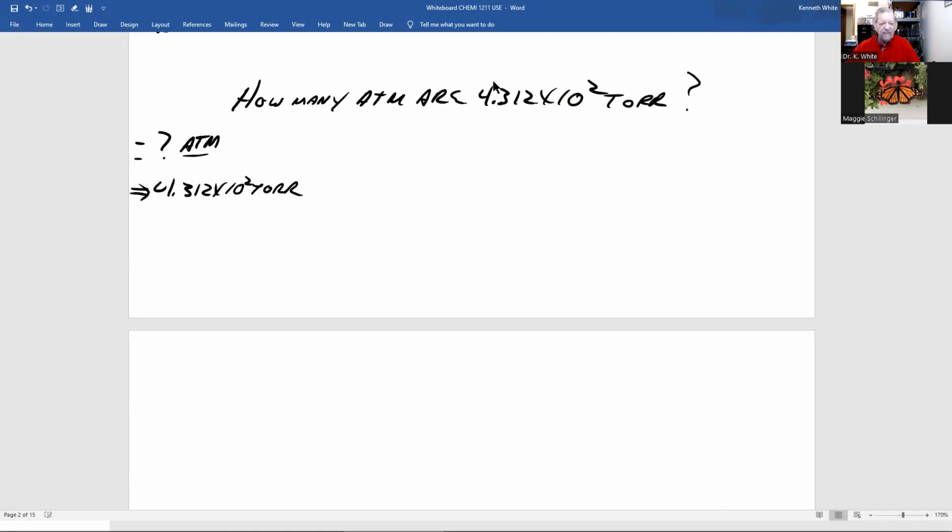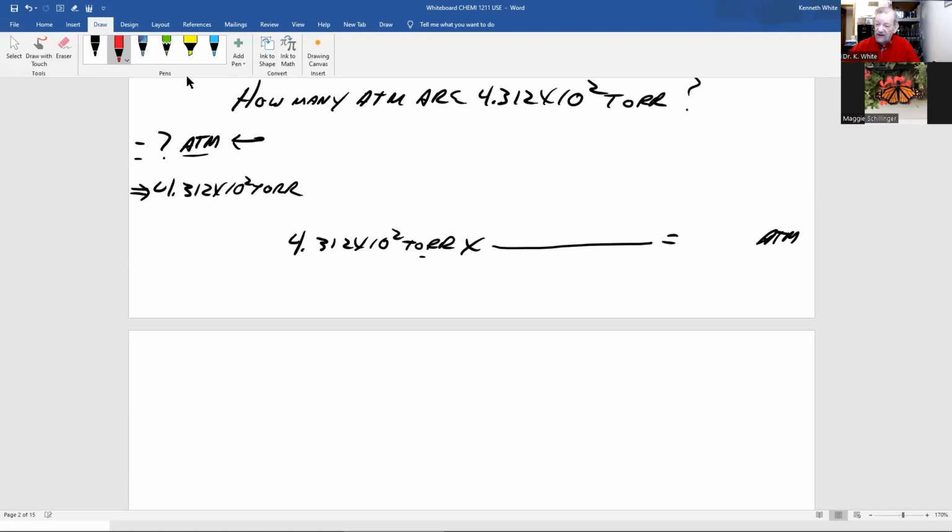So I have this number, 4.312 times 10 squared torr. Now, if I had a ratio, I could convert this to what units do I want my answer to be in? Yep, you're right. Atmospheres. And now it's time to use my good buddy, my good friend, unit analysis.